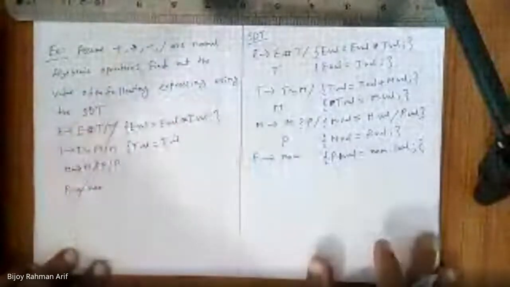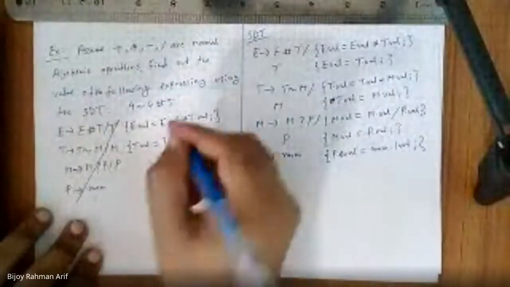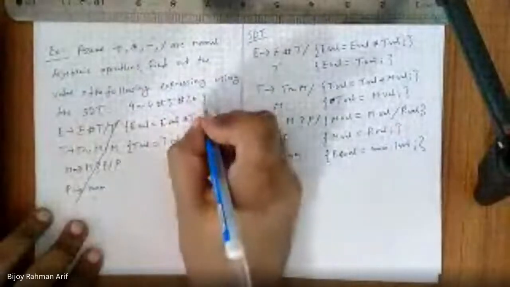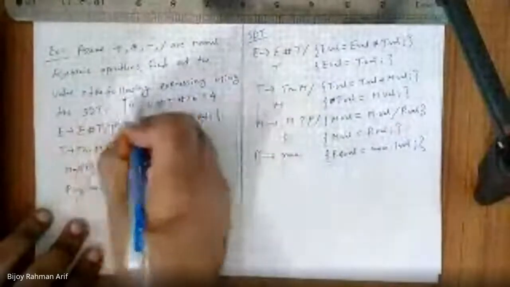So let's assume my expression is like this: 4 wiggle 4 hash 5 hash 20 question mark 4. You have to find out the value of this.